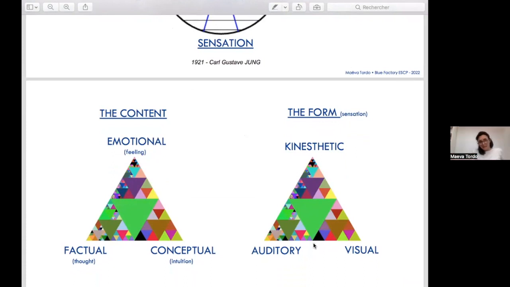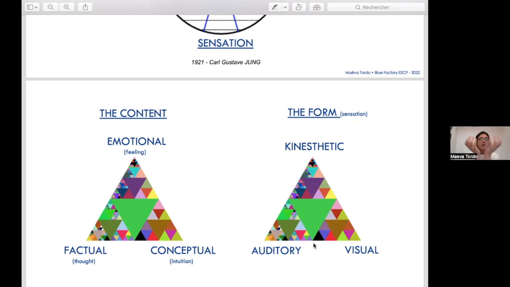About the content, the message itself, there are 3 ways of presenting your project. You can present it in an emotional way, a conceptual way, or a factual way. And those 3 types are connected to the information types I was mentioning just before.